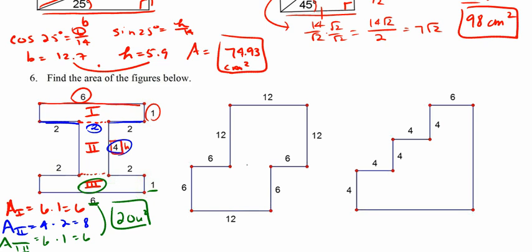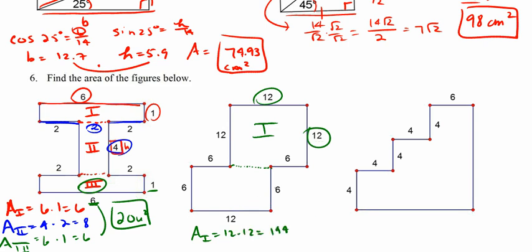Next problem. You see a couple of different rectangles here, so I'm going to go ahead and split them off. For space 1, I see a base of 12 as well as a height of 12, so it's not just a rectangle, it's a square. It's going to be 12 times 12, which is 144.